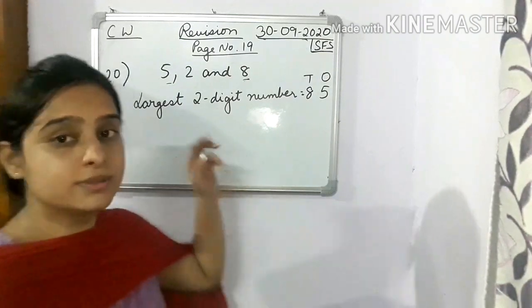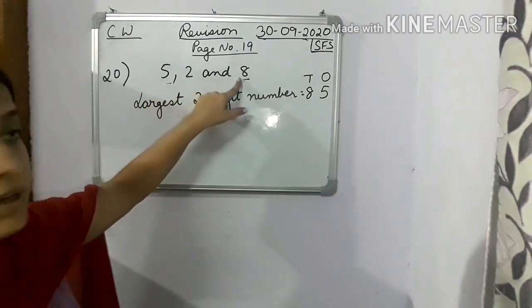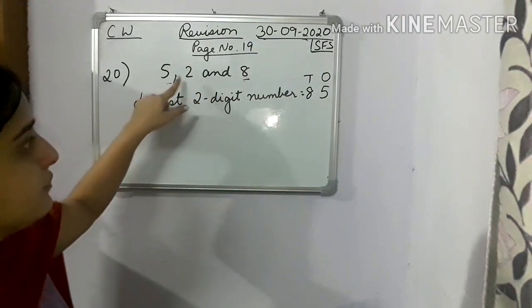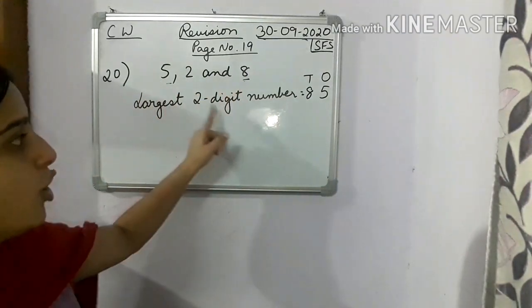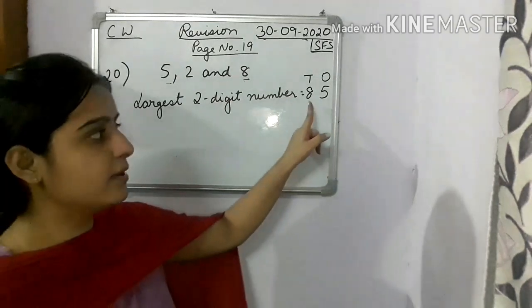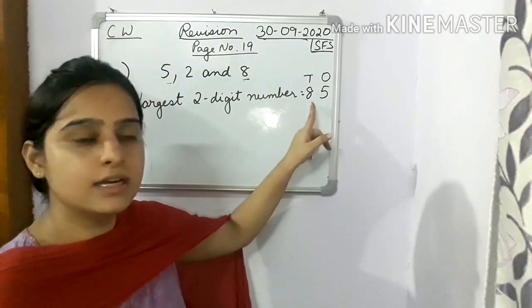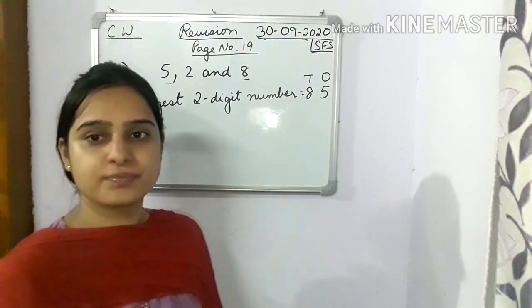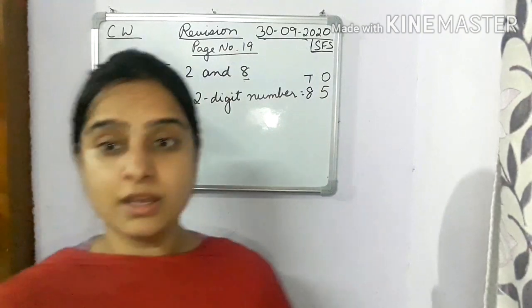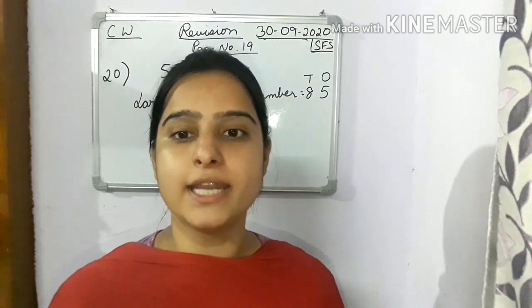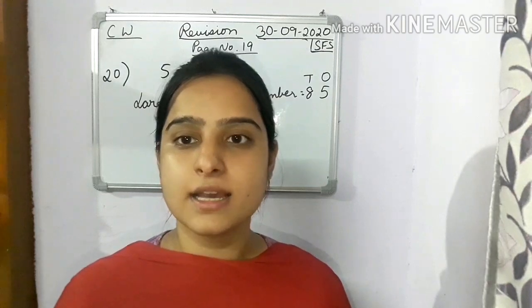Clear? From these 3 numbers, 5, 2 and 8, we have formed the largest two-digit number. So what number did we get here? 85. Is it clear? So you practice at home, and if you find difficulty in this, you can ask me.